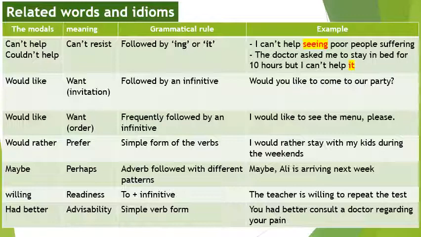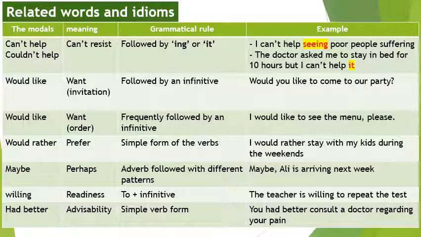The other type of would like is an order, when you are asking somebody else to do a service, or when you are requesting somebody else to do something for you. Again, it's followed by an infinitive, which is to and the simple form of the verb. I would like to see the menu, please. I would like to stay in this room, please.